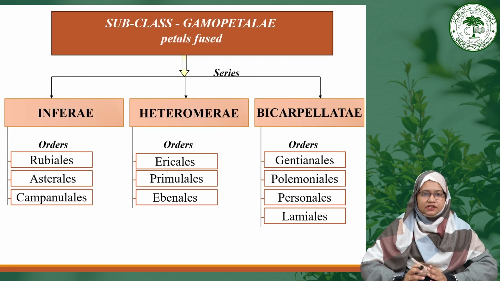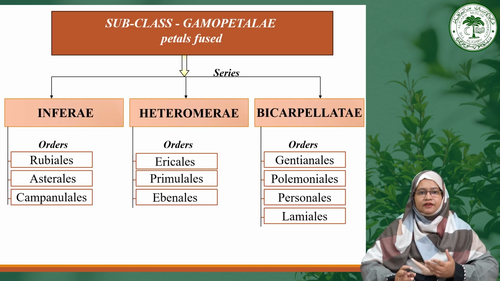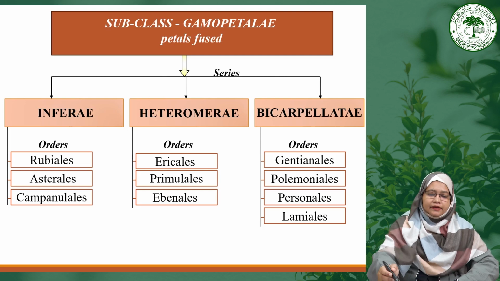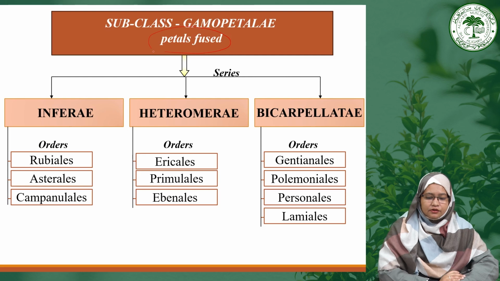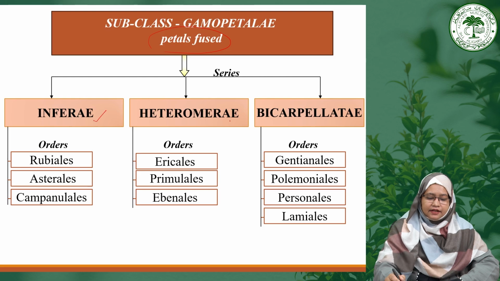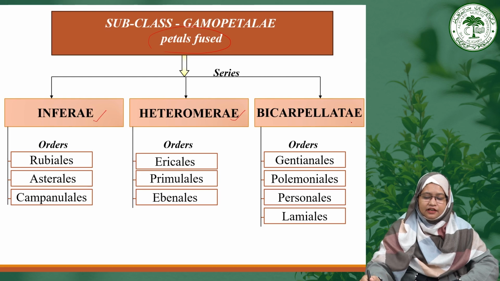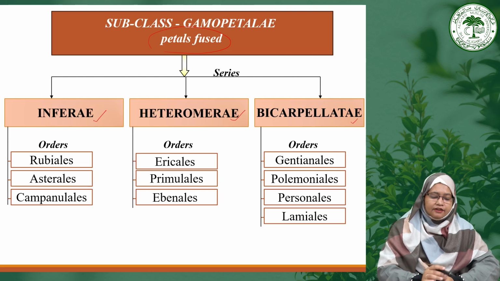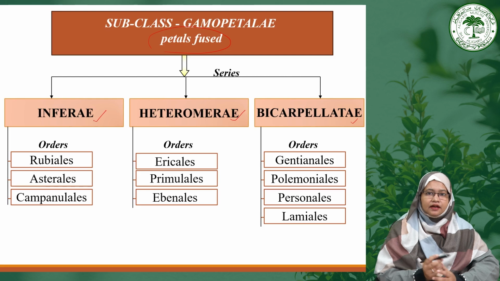If you see the systematic position, earlier we studied the polypetalae in which petals are free, and in gamopetalae the petals are fused. Gamopetalae is divided into three series: Inferae, Heteromerae and Bicarpellatae. Inferae, as the name indicates, are plants that have an inferior ovary.